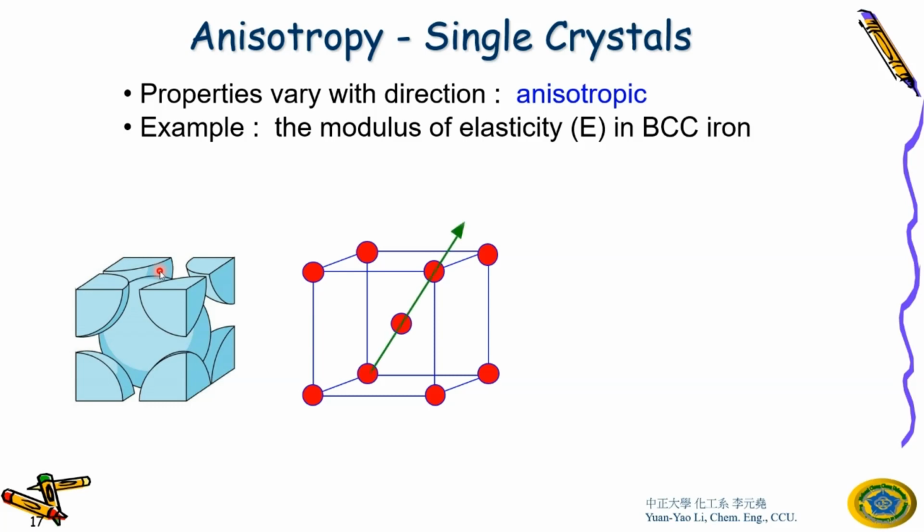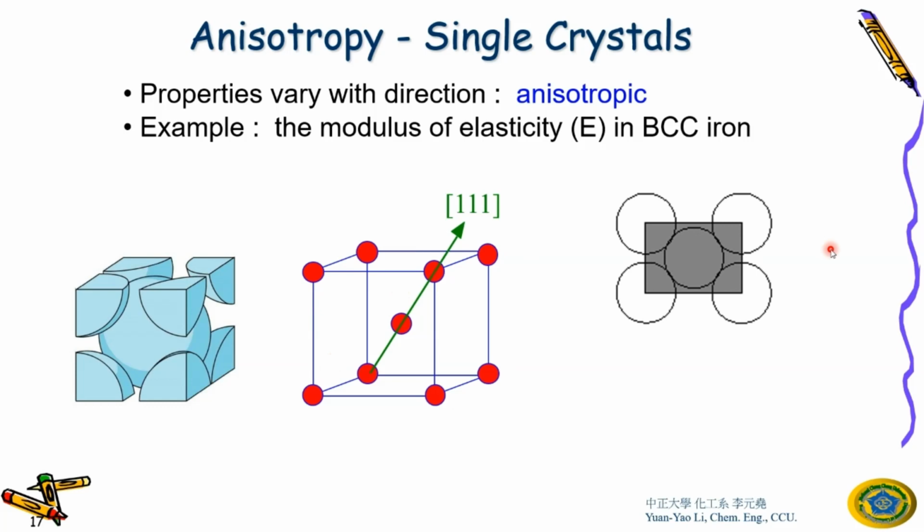For example, this is the 111 direction. If you pull this crystal in this direction, you will measure different strengths. If we take a look at this in 2 dimensions, this is this direction, so in this case we can calculate the linear density.